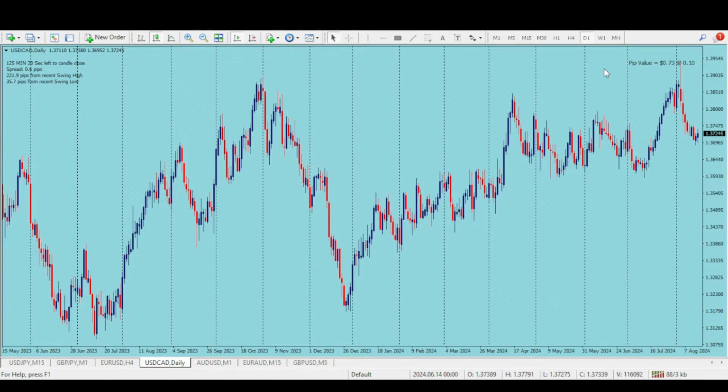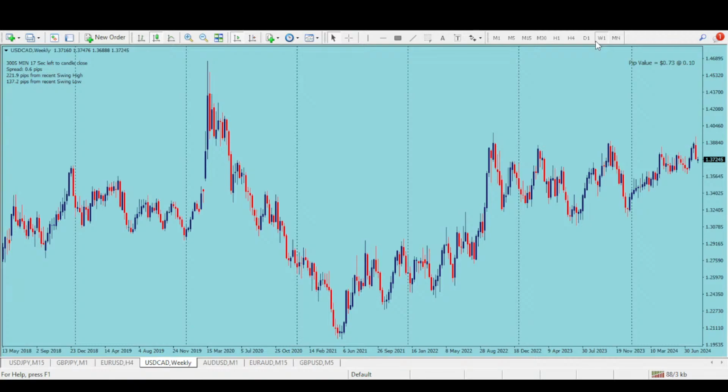You can start with the daily time frame or weekly time frame. Okay, let's start from the weekly time frame. Let's mark out the most important areas first of all.